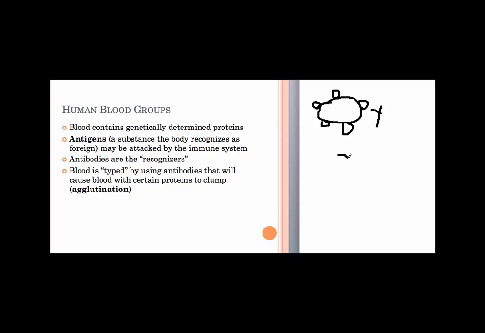Well, my body only recognizes an antigen that is triangular in shape, and so I can recognize something as foreign by what we have: antibodies. So antibodies are going to detect all of these antigens and cause them to clump and give rise to agglutination.